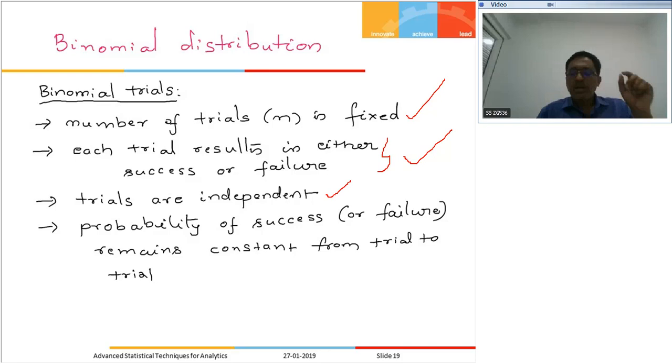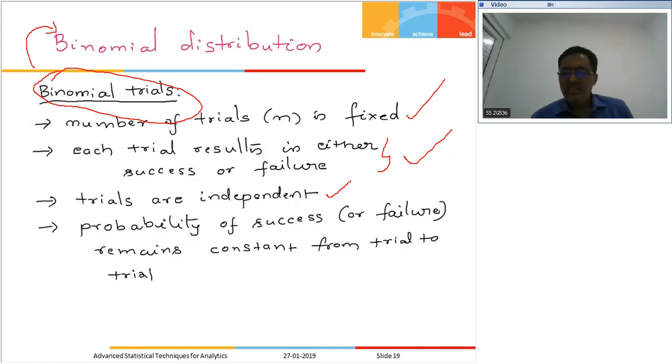That means the probability of success or failure is constant throughout the process. Then we say the trials we are doing are called binomial trials. If they are binomial trials, then we say it follows the binomial distribution. That is another way to define the binomial distribution.